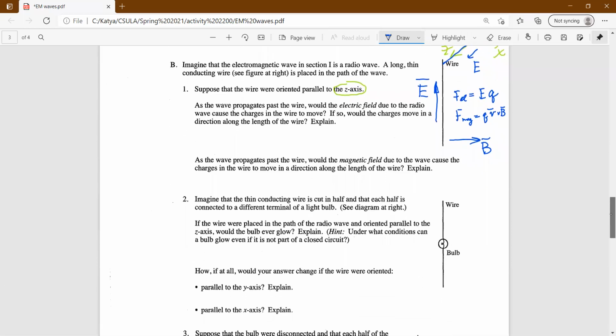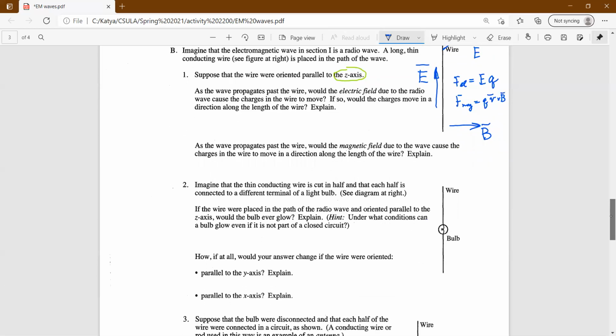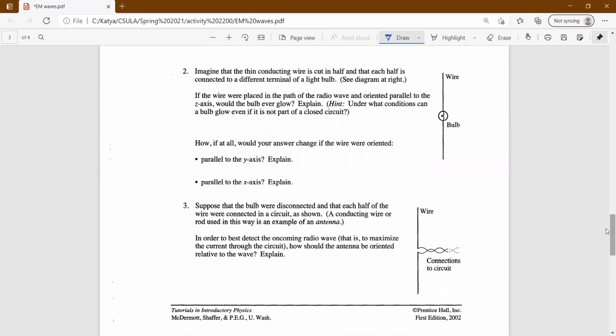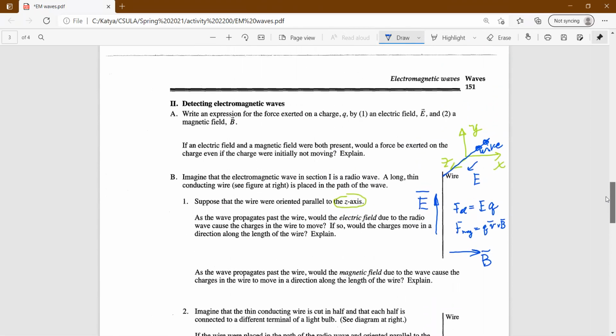I think you can answer questions 1, 2, 3 maybe on your own. And for the next question, they're asking which way is the best to orient the antenna. If your electric field is directed horizontally, the best way to orient the wire to catch this field is horizontally.